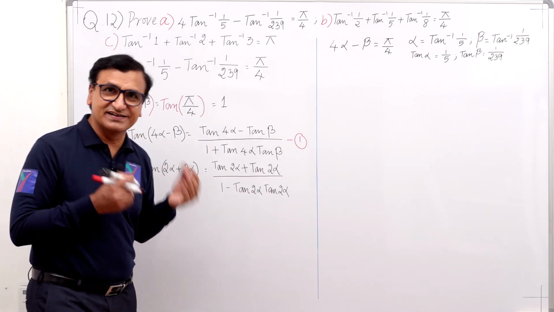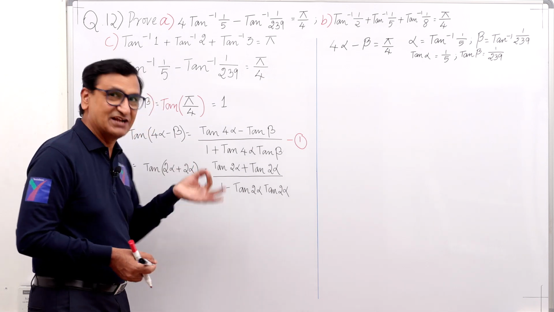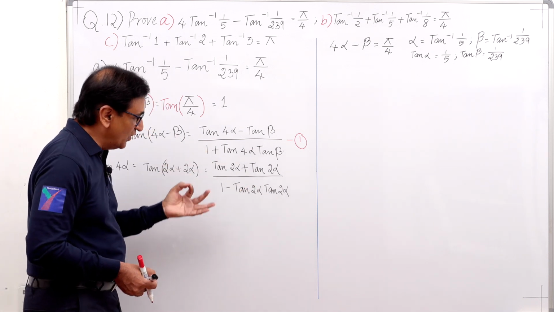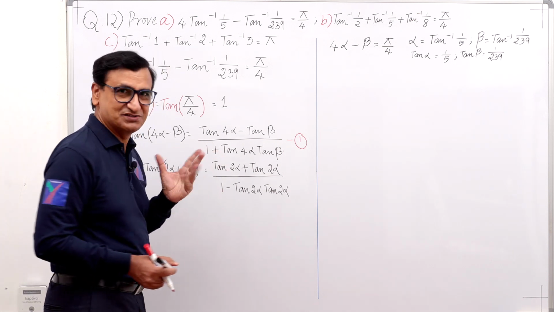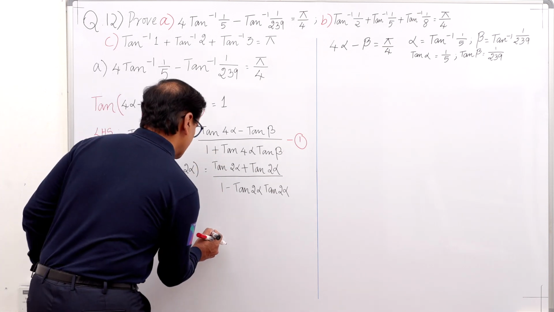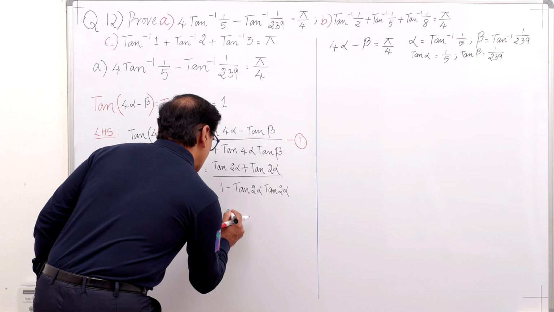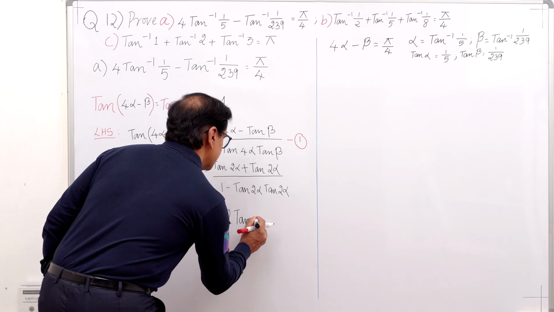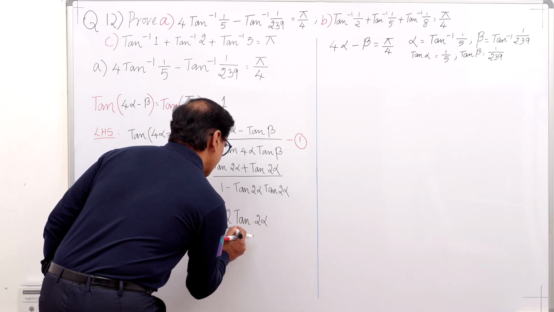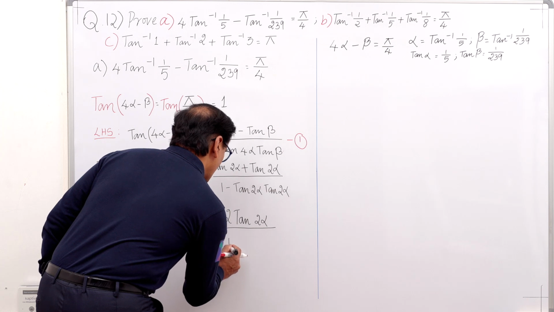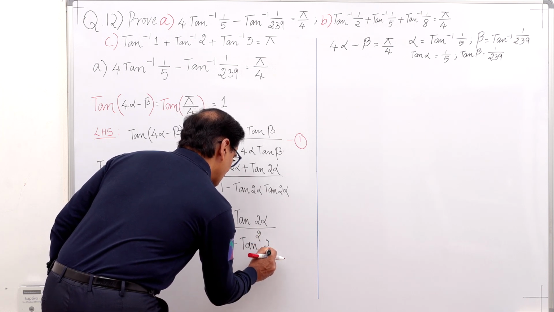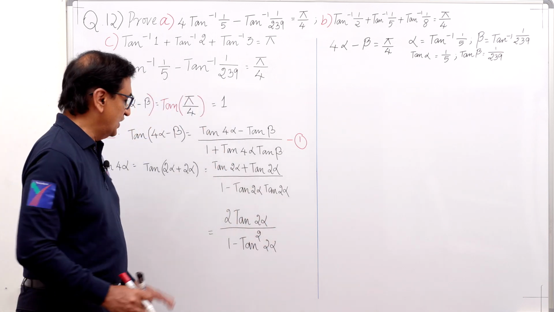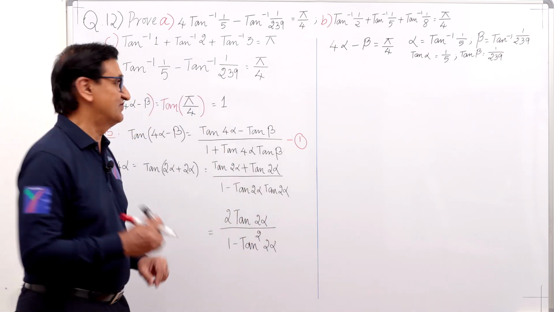I could have straight away written it as 2 times tan 2 alpha divided by 1 minus tan square 2 alpha, but I just wanted to go step by step. So we can write this as 2 times tan 2 alpha divided by 1 minus tan square 2 alpha, right? Now let us calculate what is tan 2 alpha.